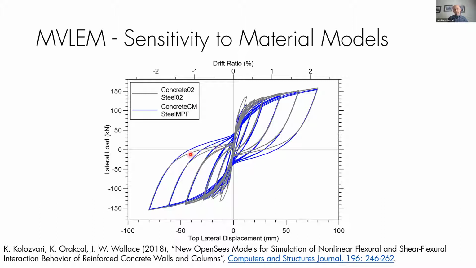Because of that, in this region here, when you're reaching back to zero displacement, your gaps are closing very gradually and then it picks up. So you basically have that very pinched behavior. This is just a quick example of how using different material models actually affects predicted hysteretic behavior.